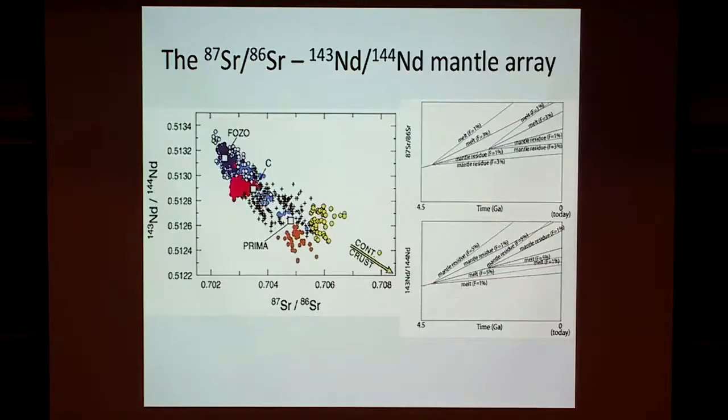Okay, so how do we then go from here to here? Well, let's follow an example of melting happening at 2.5 billion years ago or so, where you have a mantle residue that generates high 143/144, and a melt that generates lower 143/144.